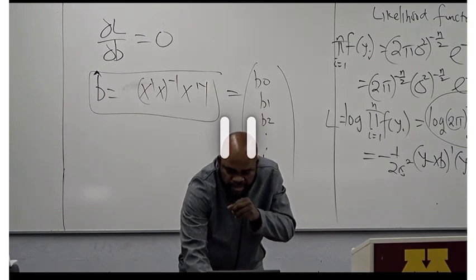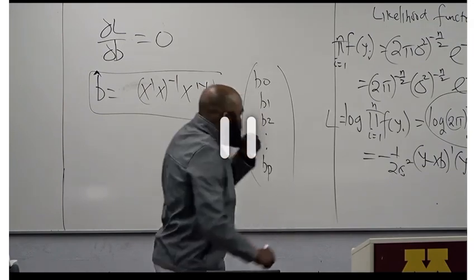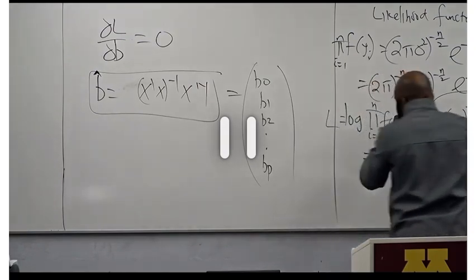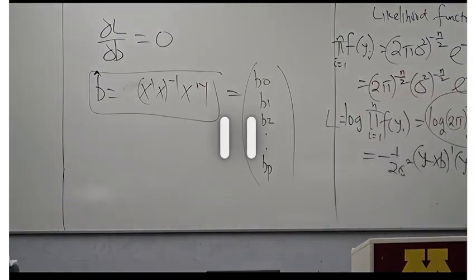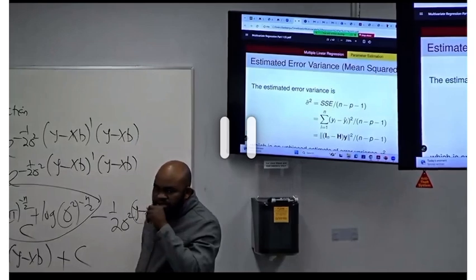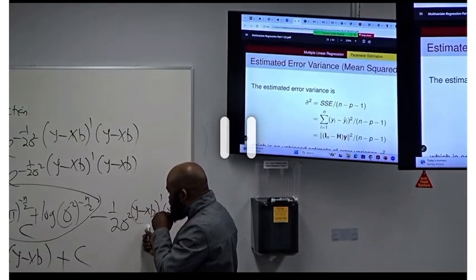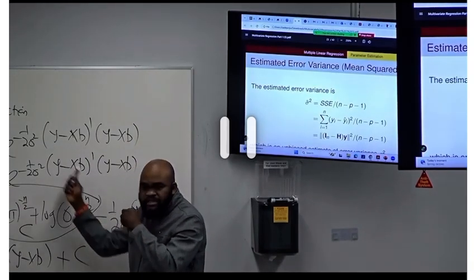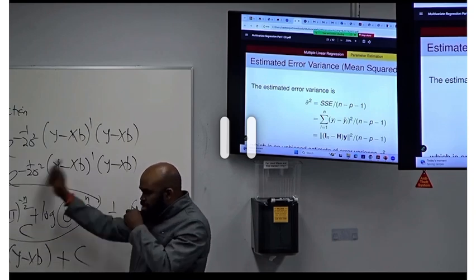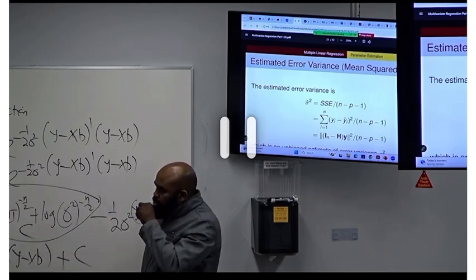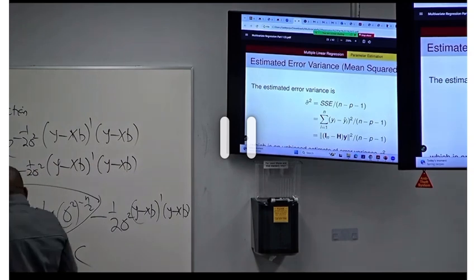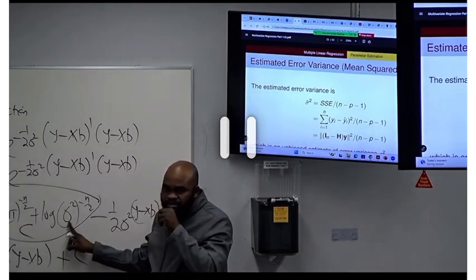Now, I need you to pay attention. The other time, when I was focusing on b, I did not consider this part. This part was regarded as constant. But I may also be interested in estimating sigma squared.